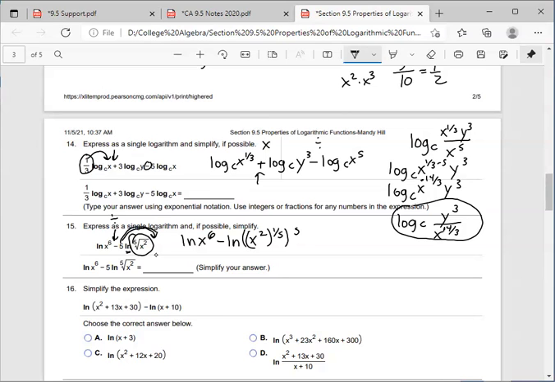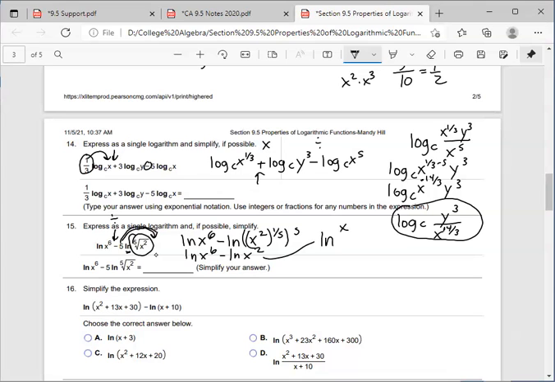So before I even do anything else, I'm gonna figure out, well, what's all that stuff? So the natural log of x to the 6 minus the natural log of x. All I have to do is type in 2 times 1/5 times 5. And luckily it just is 2. Because the 1/5 times 5 is just 1. That kind of cancels each other out. Now this is easy. I've got the natural log.